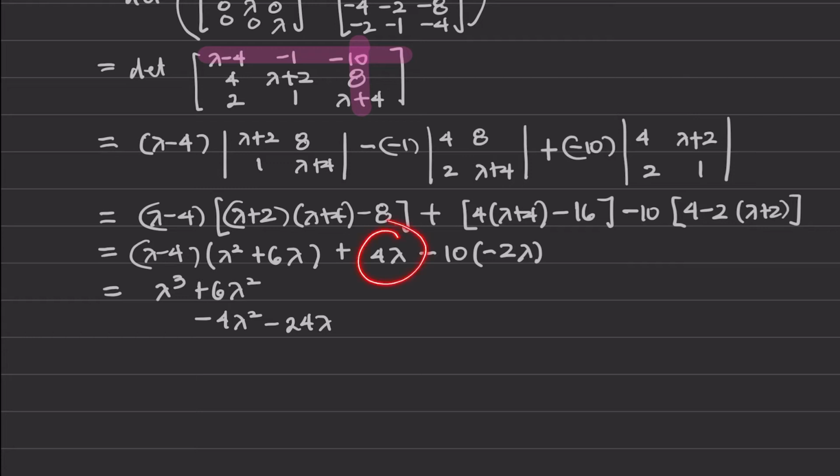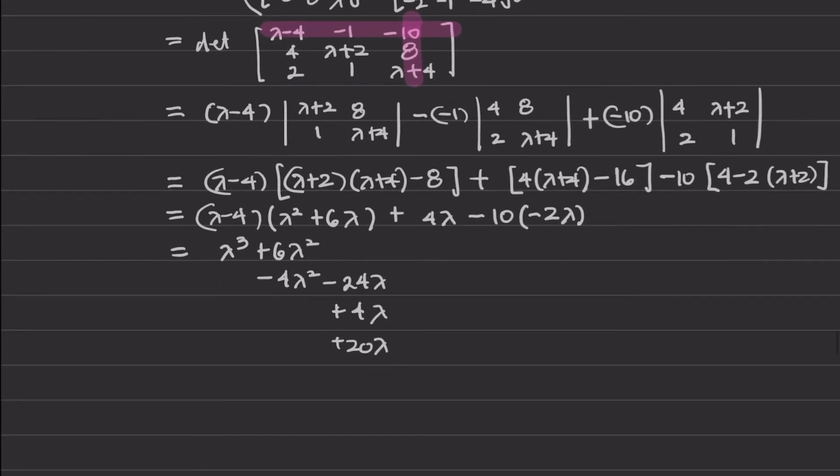Tapos dito meron kang 4 lambda. Tapos dito meron kang plus 20 lambda. Which is equal to lambda cube. Ito, 2 lambda square. Tapos ito magka-cancel na sila. So, bale magiging factor out lambda square, lambda plus 2.